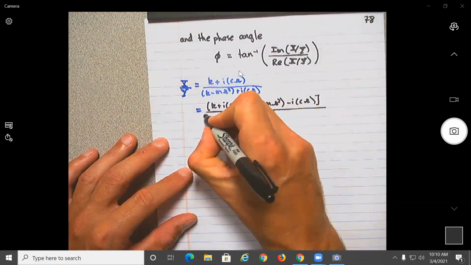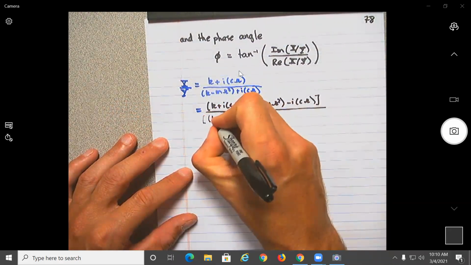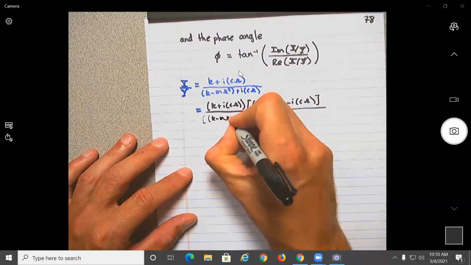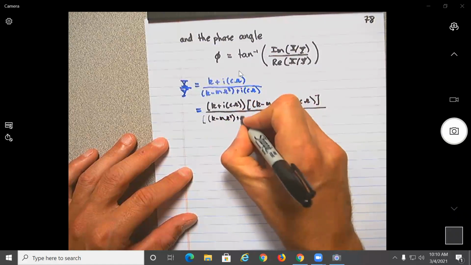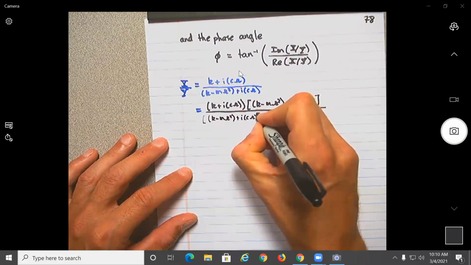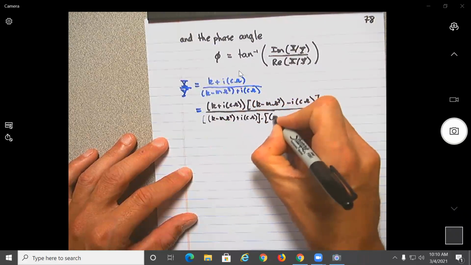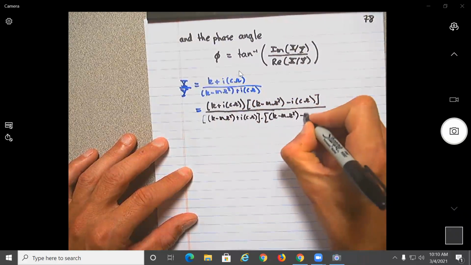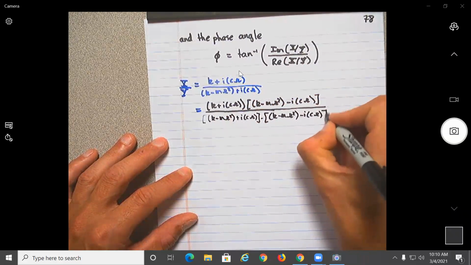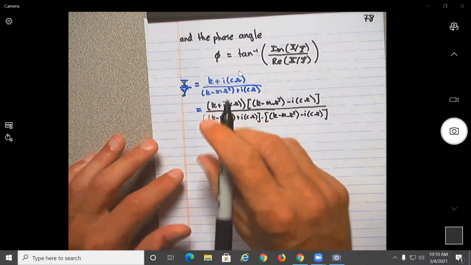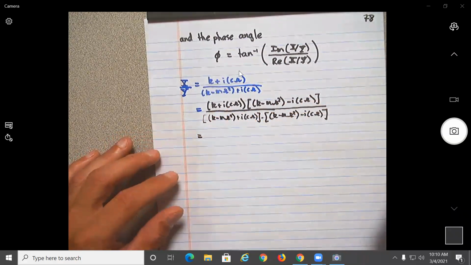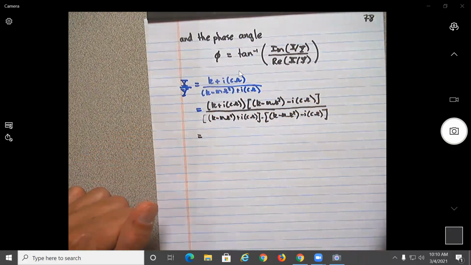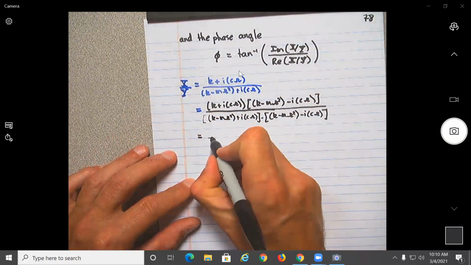So here this will give you k minus m omega squared plus I c omega times k minus m omega squared minus I c omega. So the bottom will be very simple.